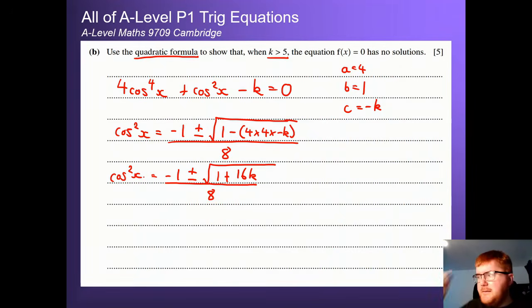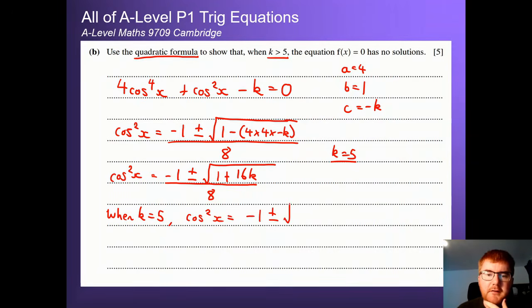Now, let's think about the situation when we put in k is equal to 5, a sort of border. So it's on that tipping point. So when k is equal to 5, exactly, cos squared x is equal to minus 1 plus minus, well, 16 times 5 is 80, 80 plus 1 is 81, over 8, and that gives us minus 1 plus minus 9 over 8.